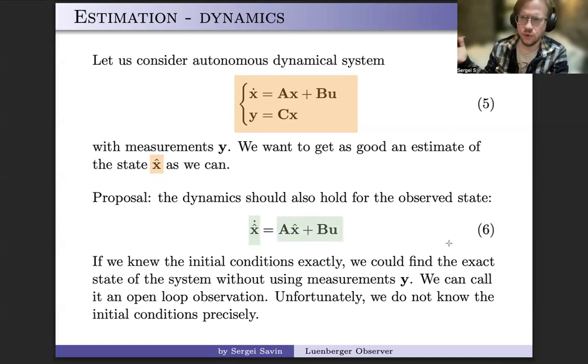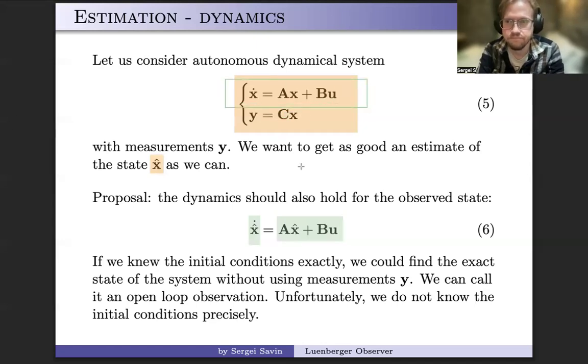So x hat dot is equal to A x hat plus Bu. We just take this equation, but adapt it to x hat. Since we are estimating x, why not run the same dynamics as the robot runs in the physical world, but on the computer? We'll just simulate it forward and predict what x is.